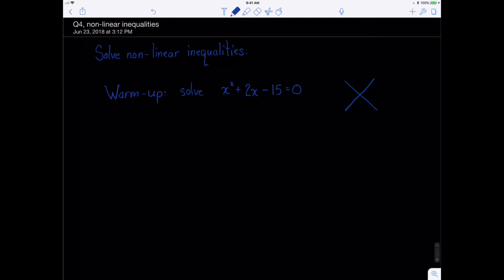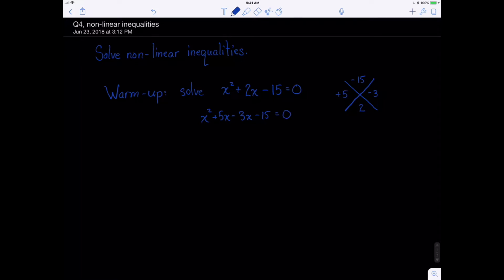For this first problem, we would play the game. Notice we have 1 times negative 15 for negative 15 in the top position, a 2 in the bottom, and so it looks like we'd have solutions to the game of positive 5 and negative 3. So we would then rewrite it as x squared plus 5x minus 3x minus 15 equals 0.